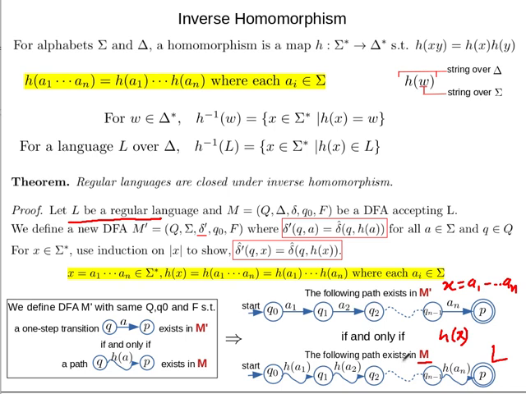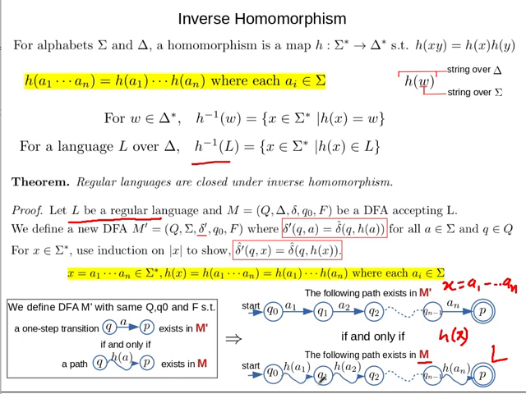And you want that if H of x is in L, then this x should be accepted by some machine. Then you ensure that that machine corresponds to the language H inverse of L. And this tells you how to construct a machine for this.